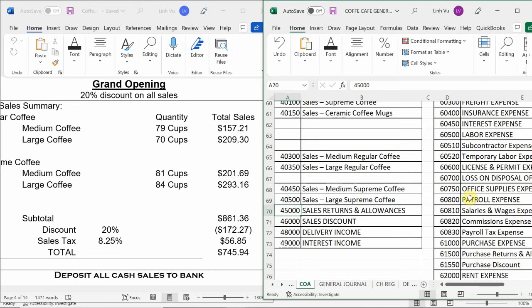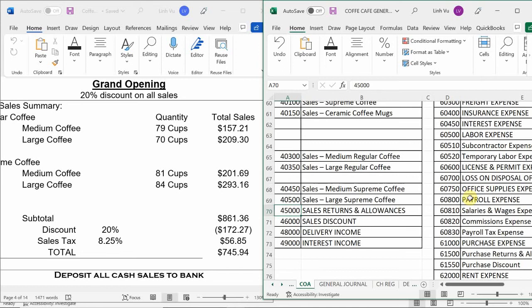Okay. So. Gotta choose which one of the. It's saying all the same. It's under revenue. It is a revenue. Good. And so I'm looking at 40,050 would be our cup sale.